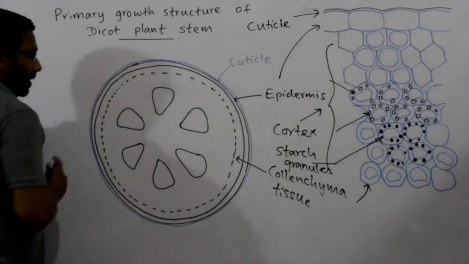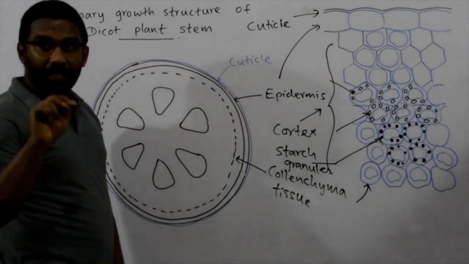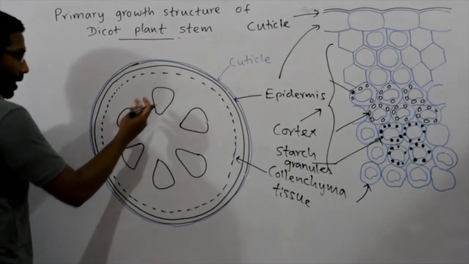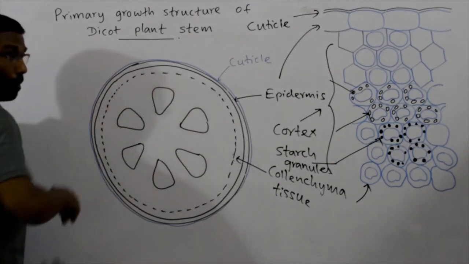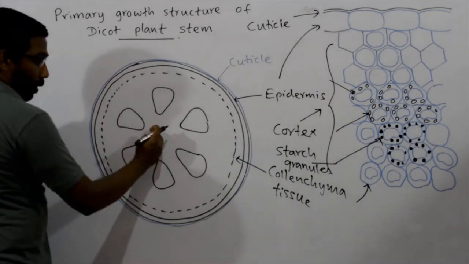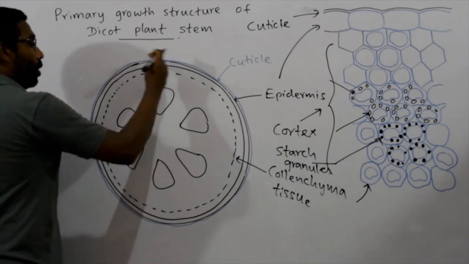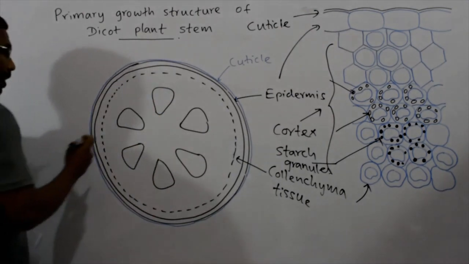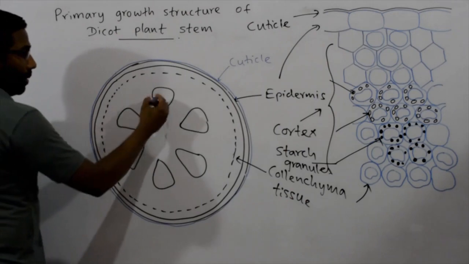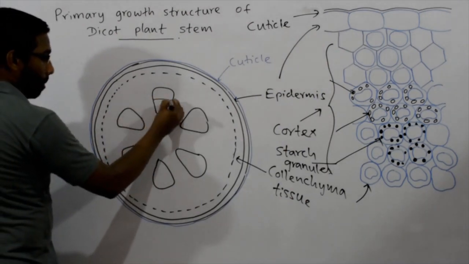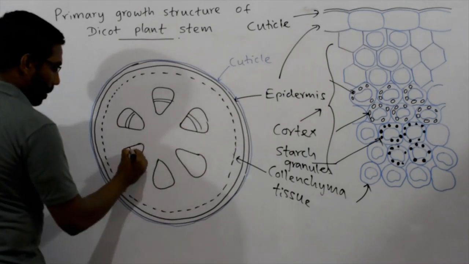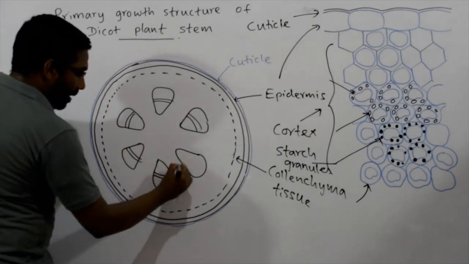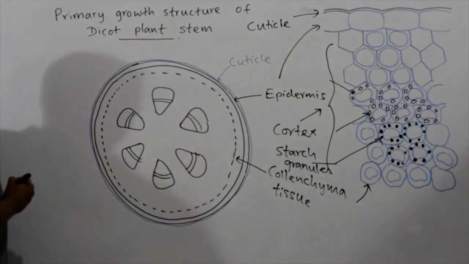Each vascular bundle has both primary xylem and primary phloem. Among them, primary xylem is found more medially. That means towards the inner side it has primary xylem, and towards the outer side it has primary phloem. In between primary xylem and primary phloem, it has a parenchyma tissue layer.